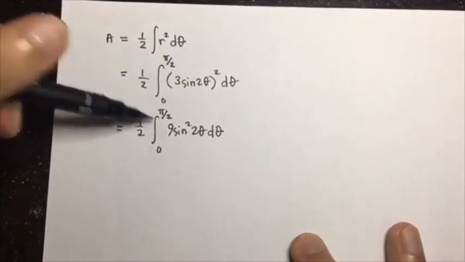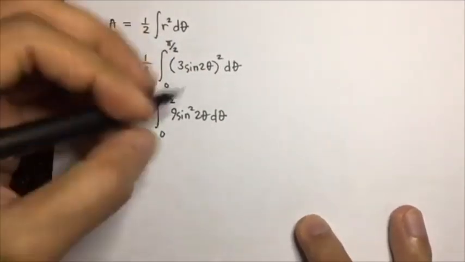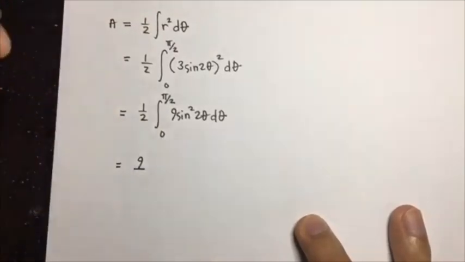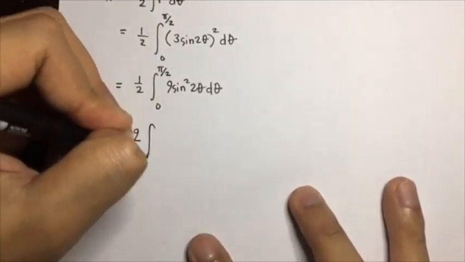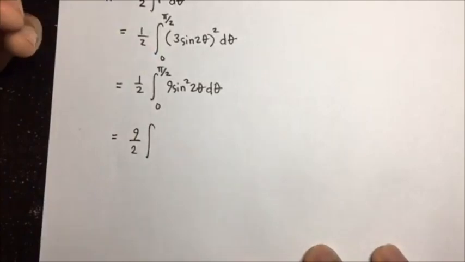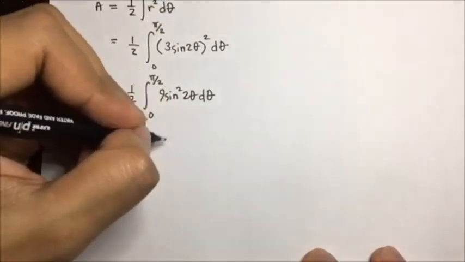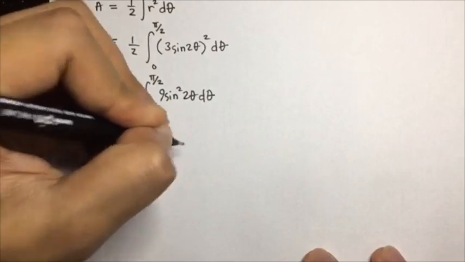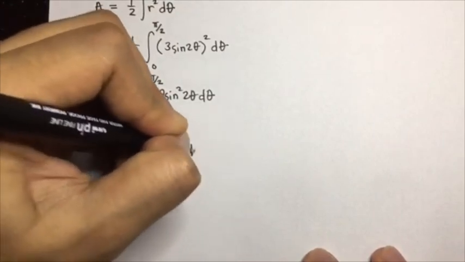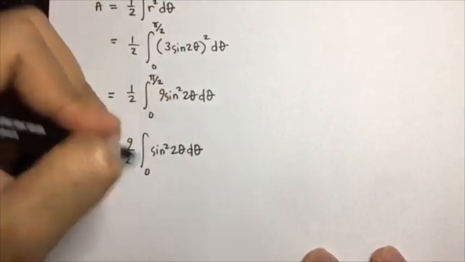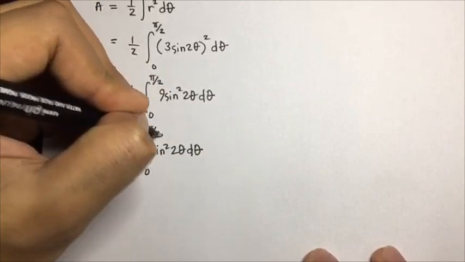We can take out 9 from the integral sign and then evaluate the integral. So we'll have 9 over 2 integral of sine squared 2 theta d theta from 0 to pi over 2.